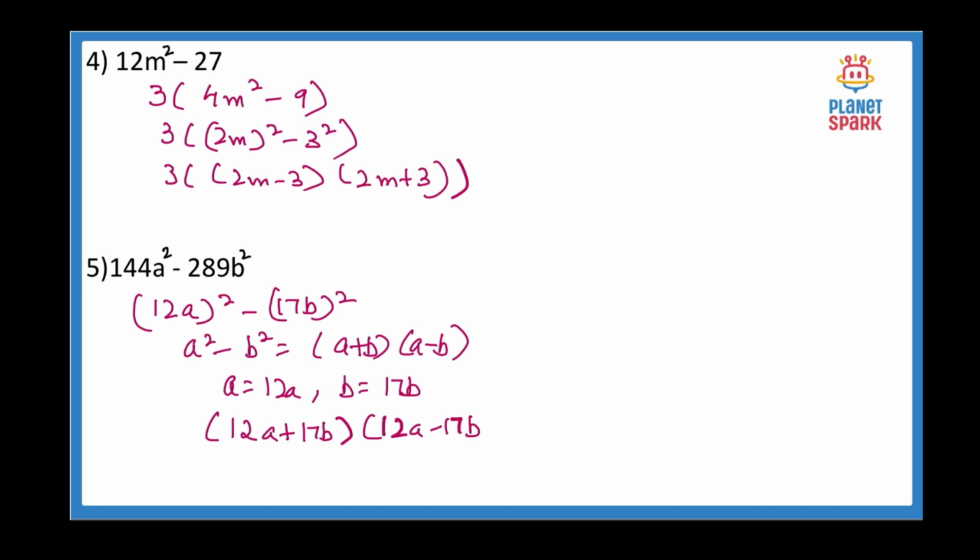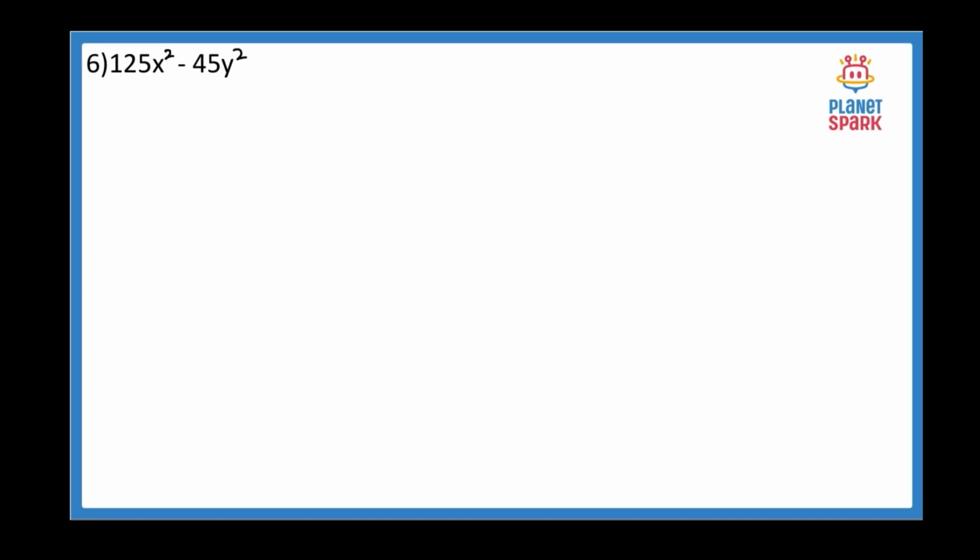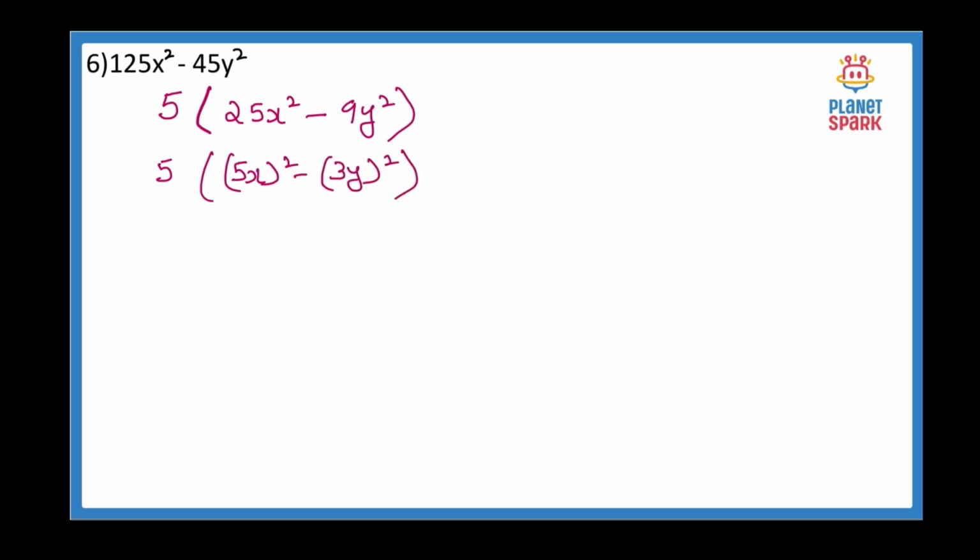Let's proceed and solve more questions. The next question is 125x square minus 45y square. Again, 125 is not the square of any number, 45 is not the square of any number. Taking out 5 common from both, I would be left with 25x square minus 9y square. Now 25x square can be written as 5x whole square and 9y square can be written as 3y whole square.